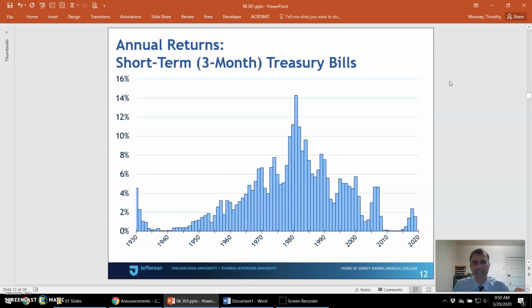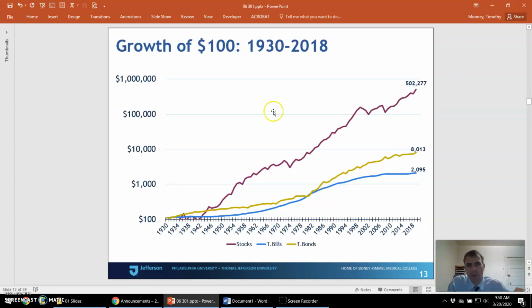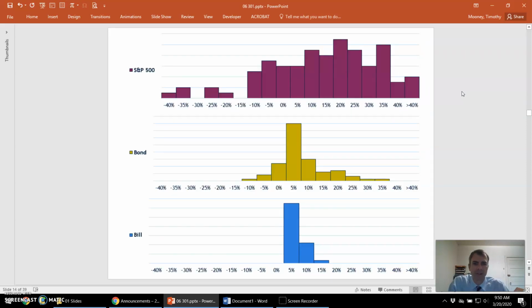Even though the most negative returns came from large cap stocks, historically, they grow by far the most, right? So big takeaway from last week before spring break. Risky investments tend to have higher average returns, right?